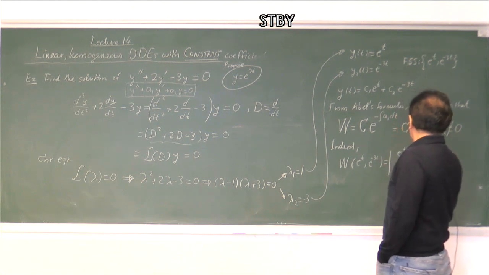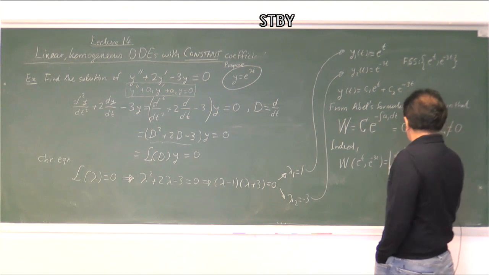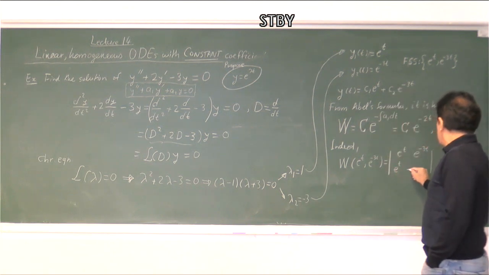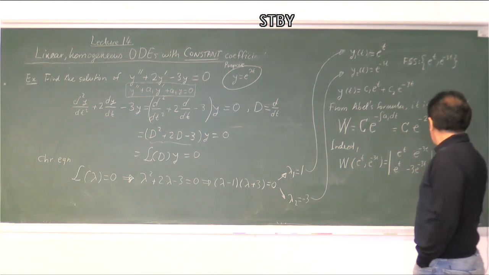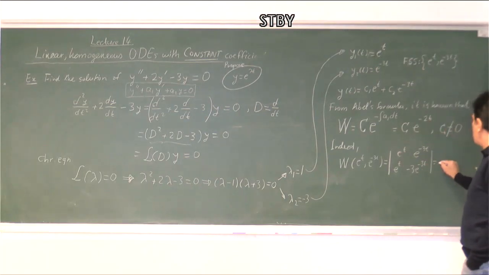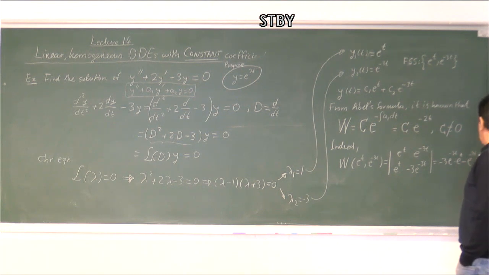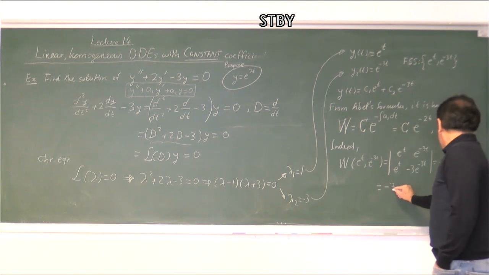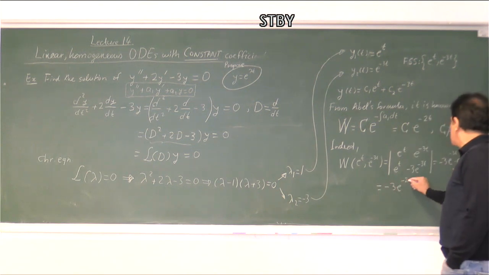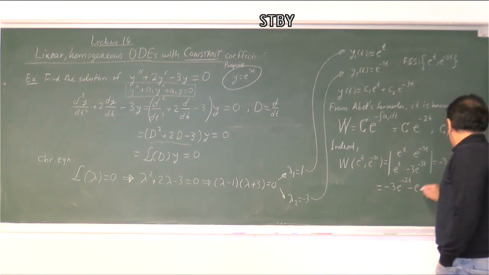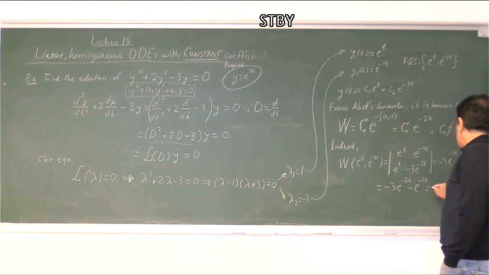We have to calculate this determinant: minus 3 times e to power minus 3t times e to power t, minus e to power minus 3t e to power t, which can be written as minus 3 e to power minus 2t minus 1 e to power minus 2t. So we have minus 4 e to power minus 2t.